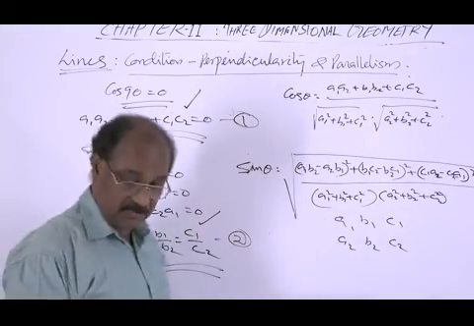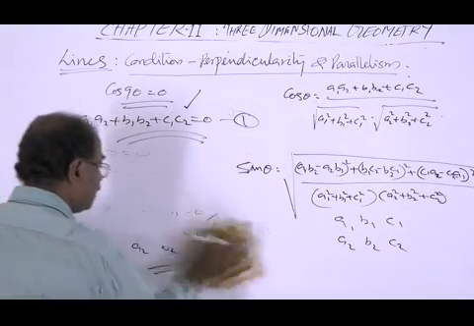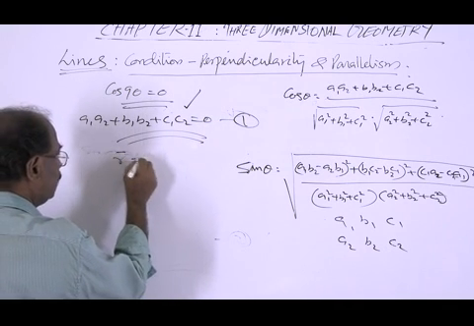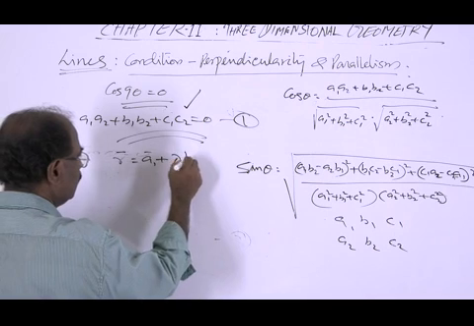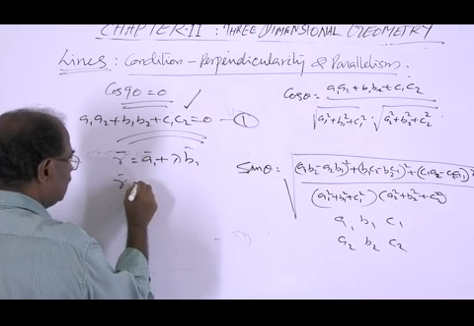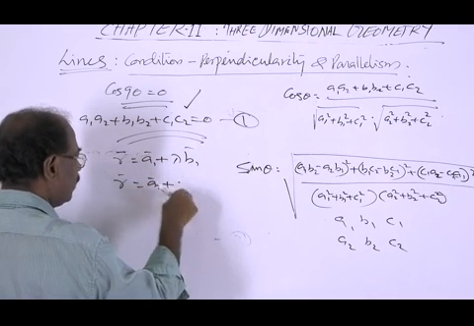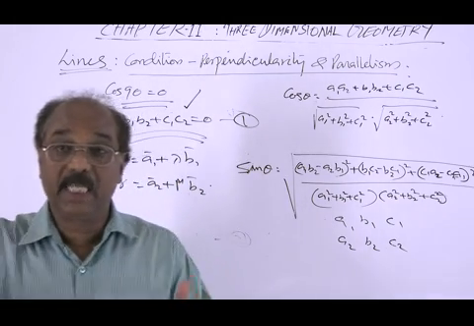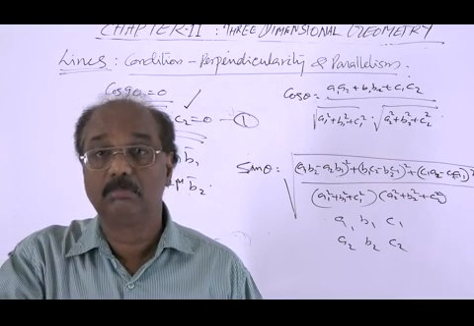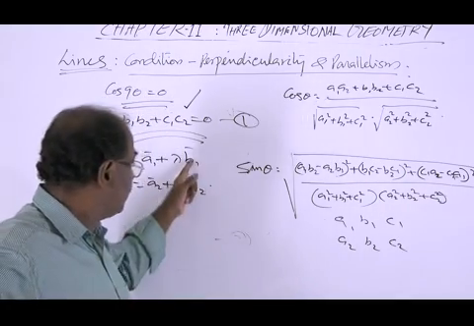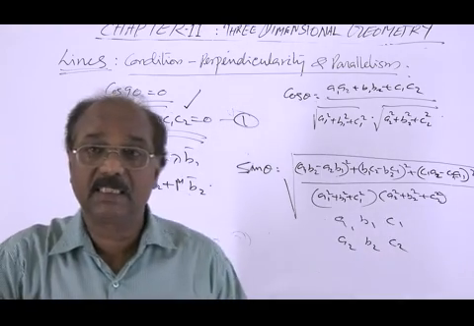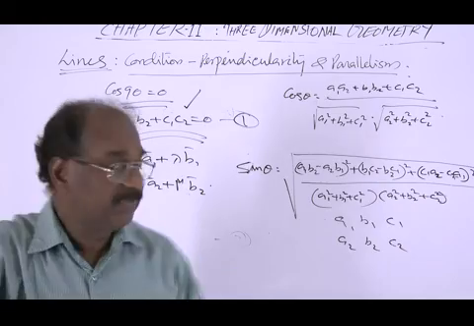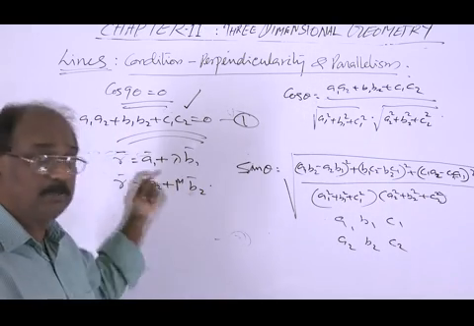If the two lines are given in the vector form, then the two expressions will be of the form: the equation of first line as r is equal to a1 plus lambda into b1, and the second r is equal to a2 plus some mu, another constant mu, into b2, where b1 and b2 are two vectors. The first line is parallel to b1 and second line is parallel to b2.